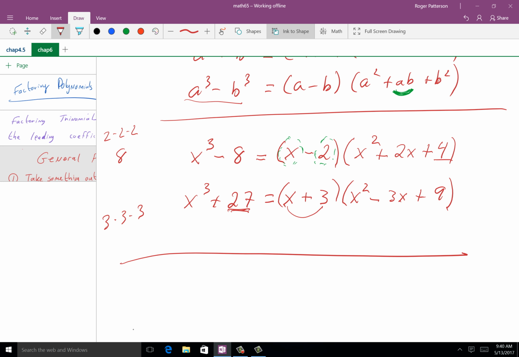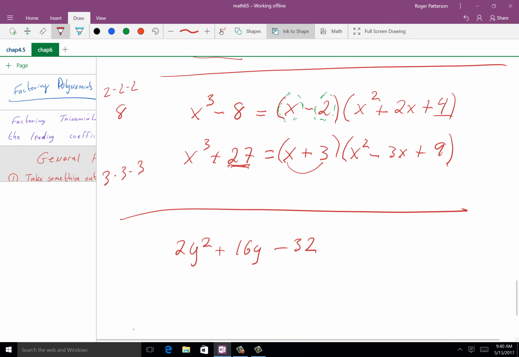Okay. All right, what are we left with inside? Well, it's not a difference of two squares, nope, but it is a trinomial.